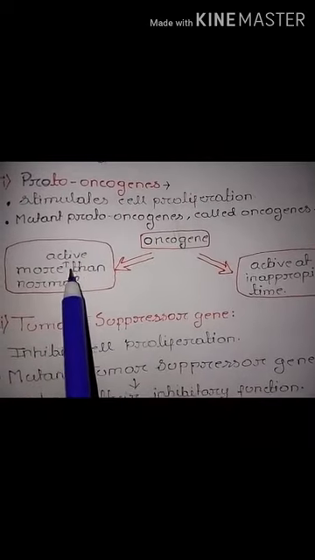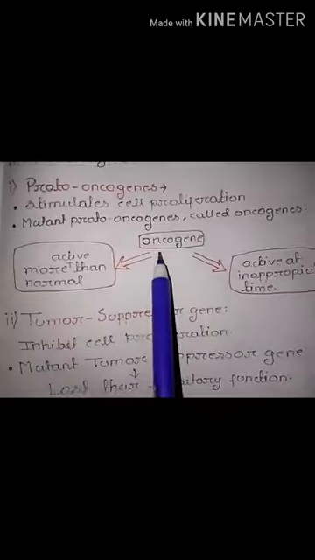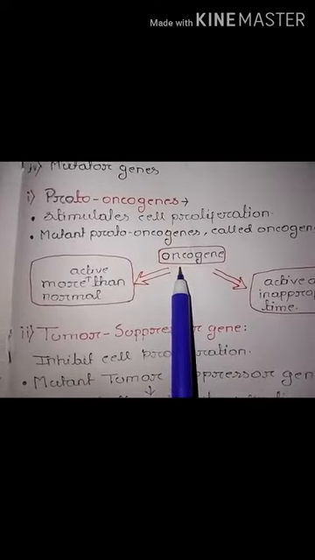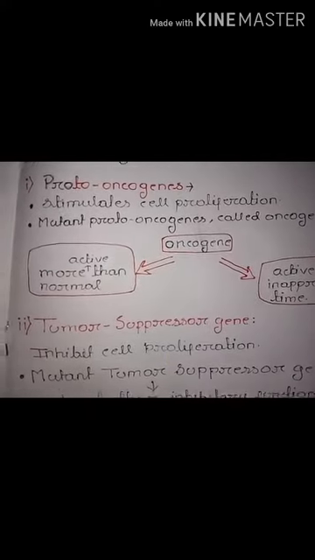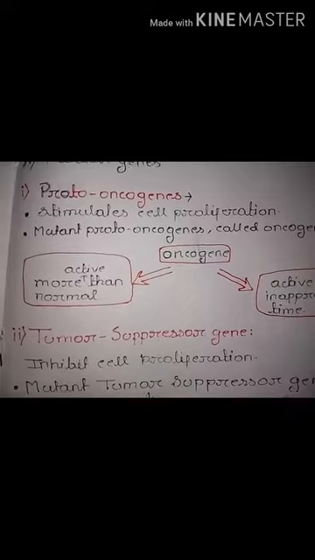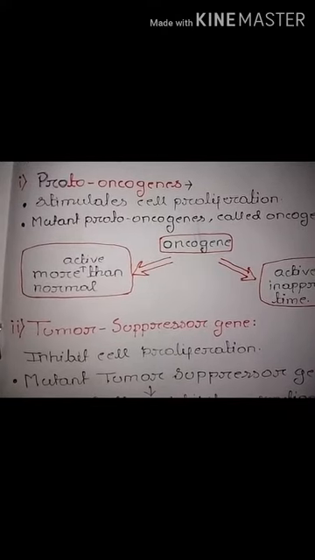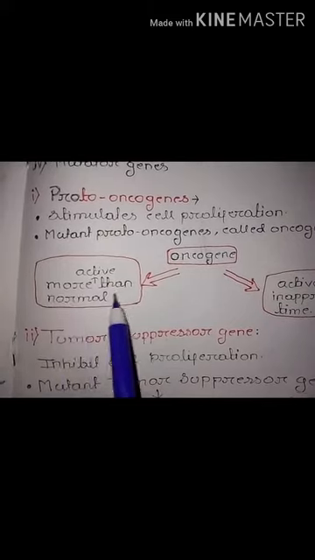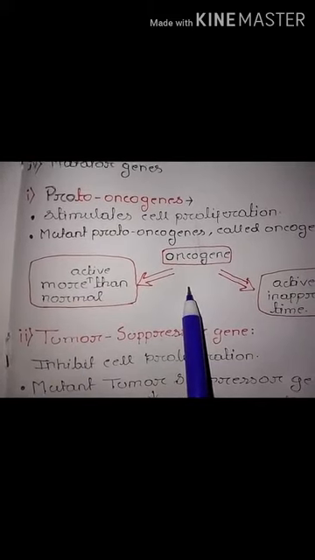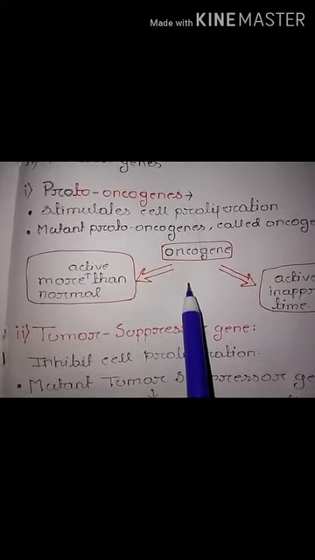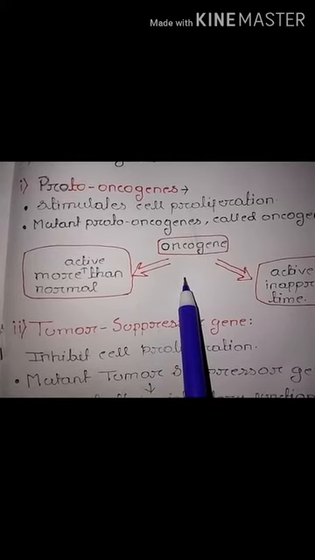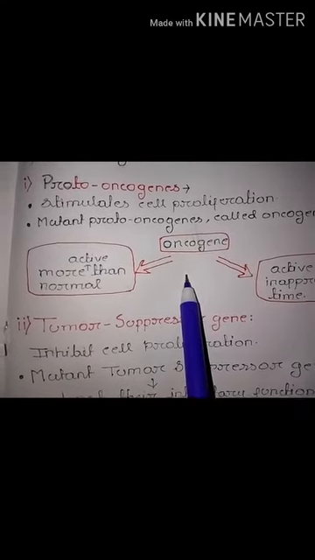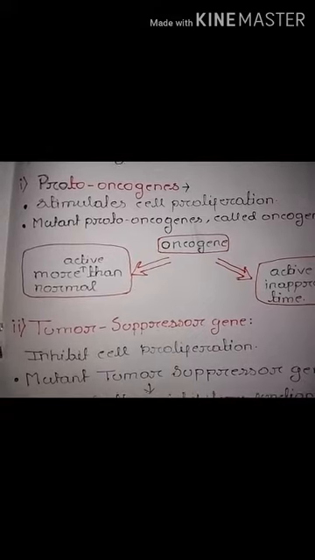So there are two roles of the oncogene. The product formed from the oncogene is much more than the product of the normal proto-oncogene. So it is more active than normal. A proto-oncogene is active only in certain cases, or if it is activated, it is regulated in a steady way.